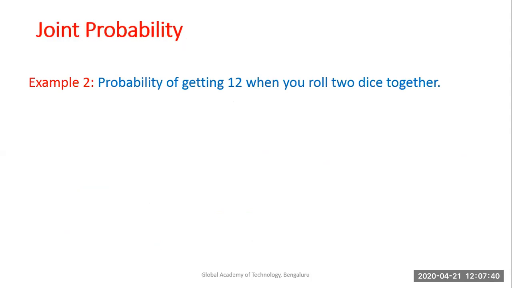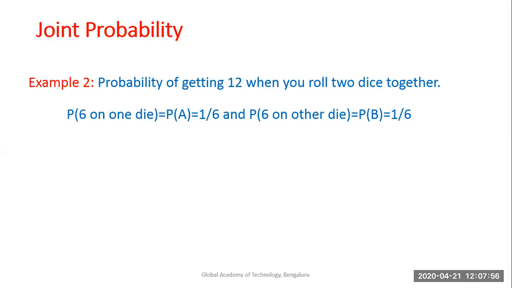Another example: suppose we want to find the probability of getting the sum 12 when you roll two dice together. This is possible only if you get 6 on both dice. The probability of getting 6 on one die, P of A, is 1 by 6. Similarly, the probability of getting 6 on the other die, P of B, is also 1 by 6.